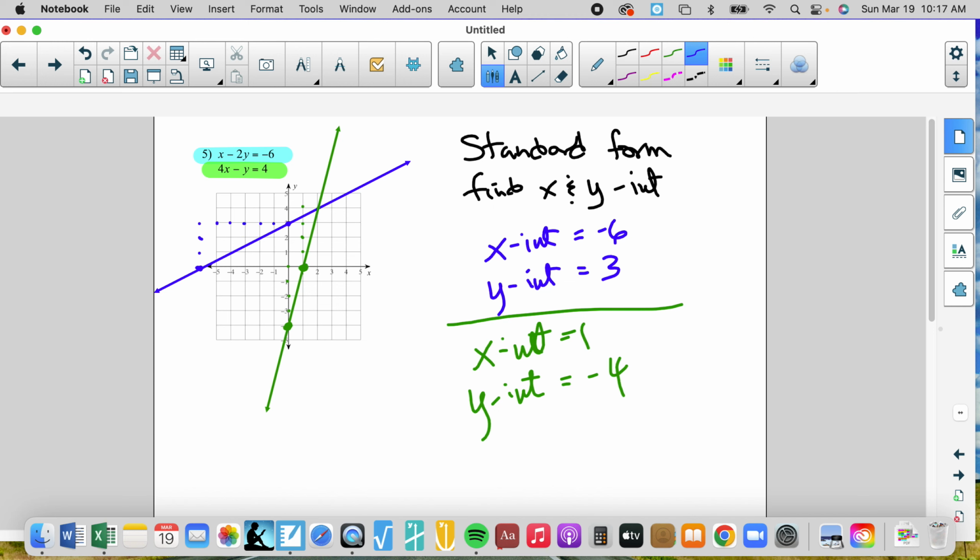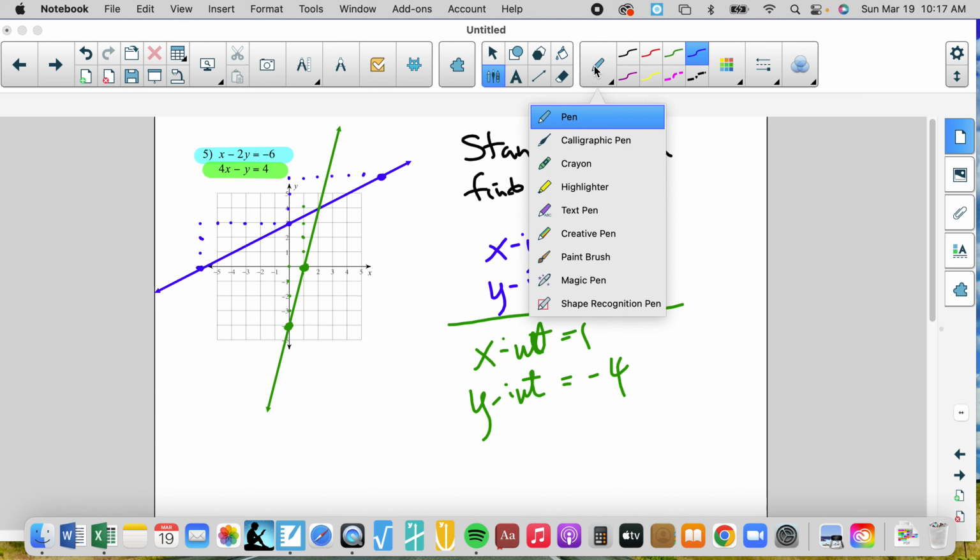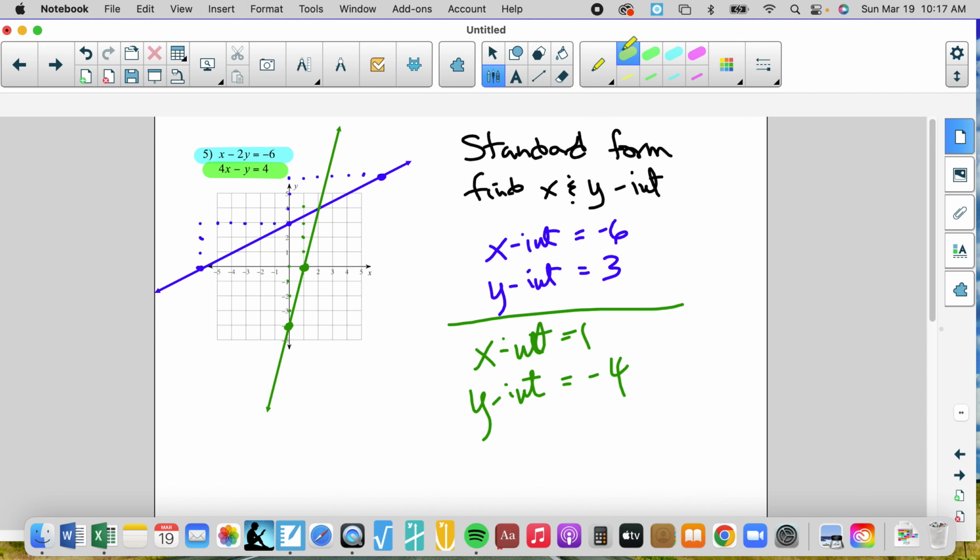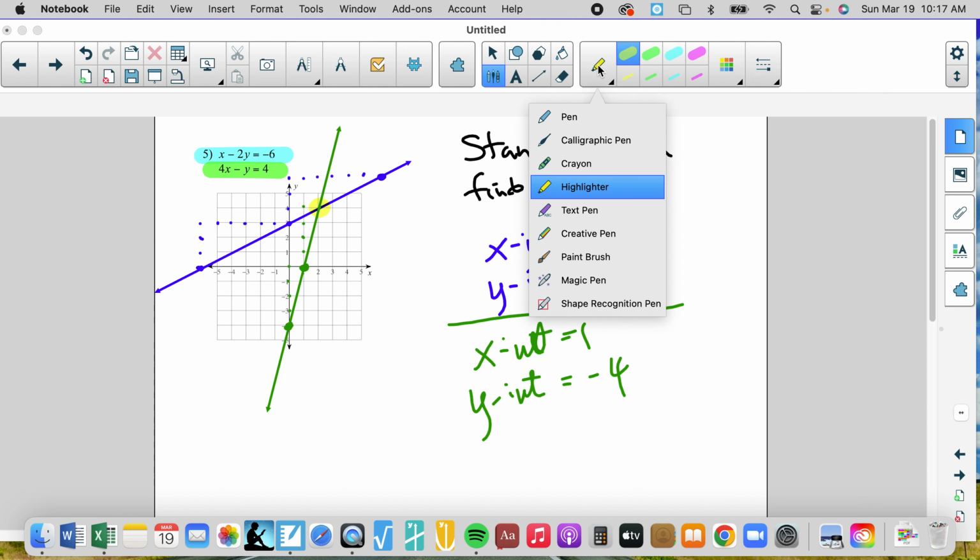So up 3, right 6. It got me to that point, but that's not the intersecting point. An intersecting point looks like it's there, 2, 4.